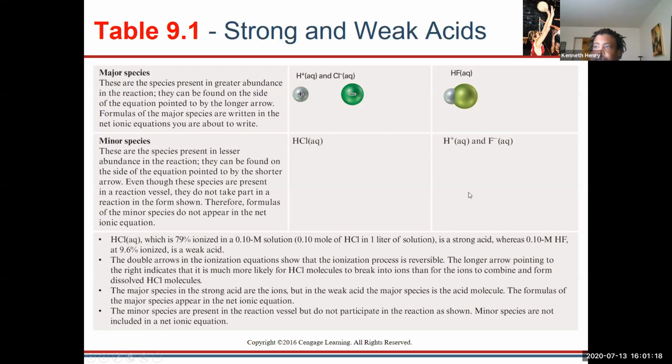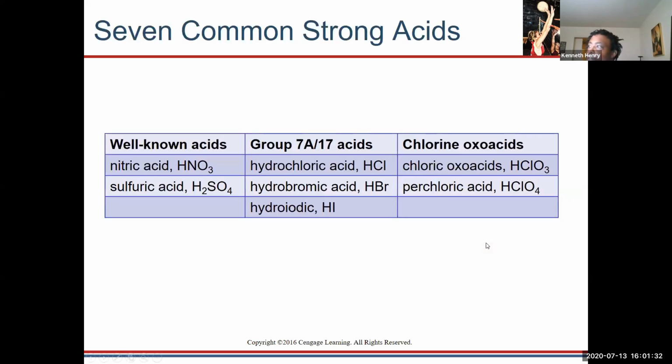The ions are going to be the minor species because you're going to have less of those, okay? You guys see that? You see the difference between major and minor? Good. Okay, so these guys, oh, I forgot perchloric.